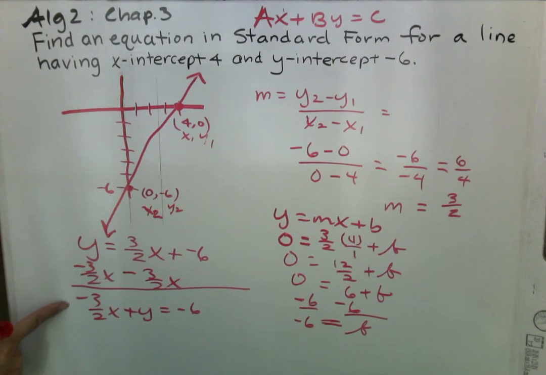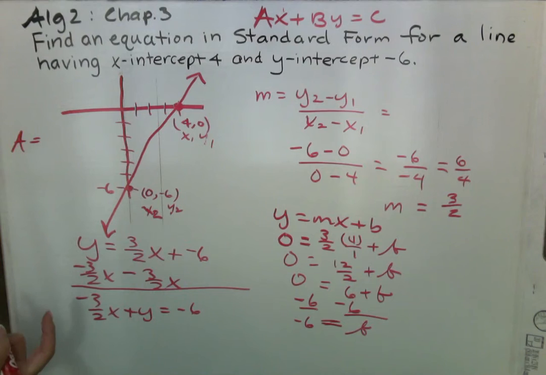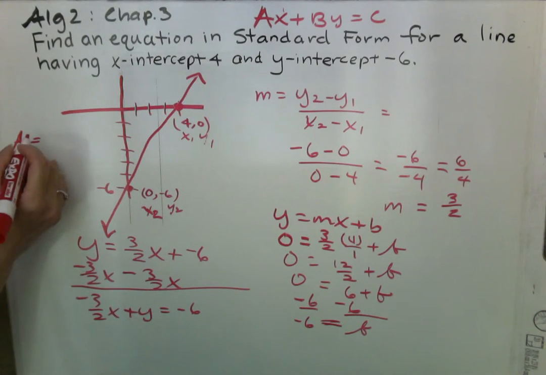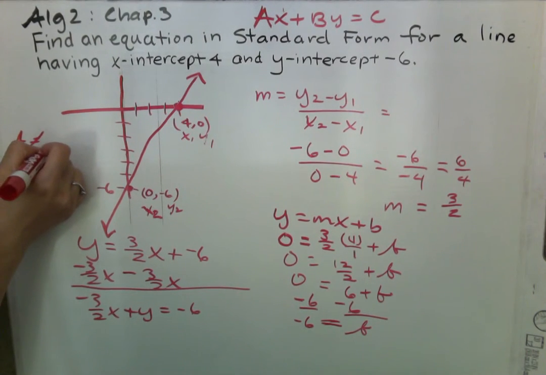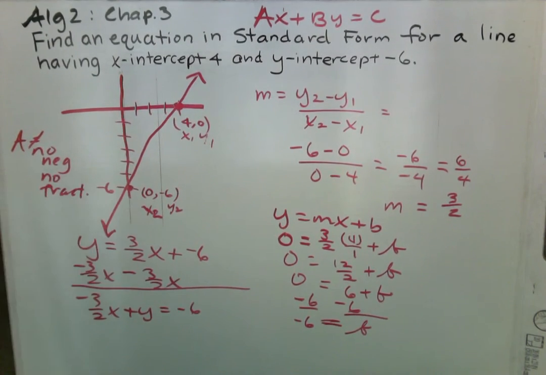Now, this is not exactly standard form yet because if you remember, a, the coefficient in front of x, cannot be a negative, no negatives, and no fractions. It's just a rule that we have to remember. The a, the coefficient in front of x, cannot be a negative and it cannot be a fraction.